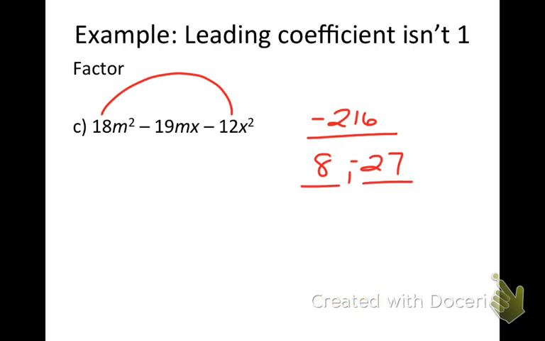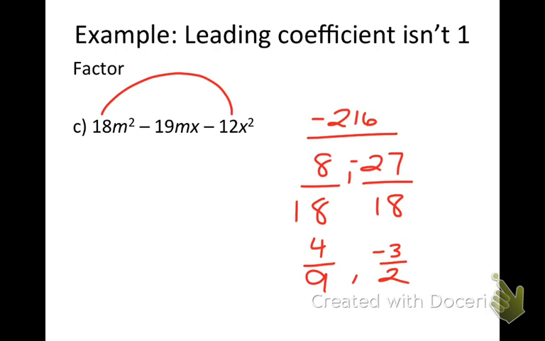What am I going to put those over? 18, good. 8 over 18 reduces to 4 over 9. Negative 27 over 18. We can take out 9, right? So we get negative 3 over 2.